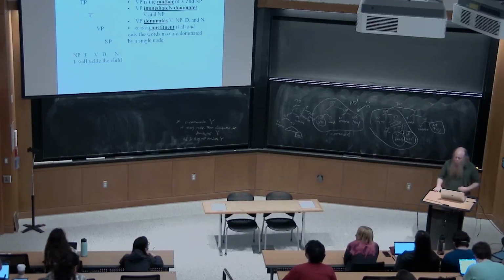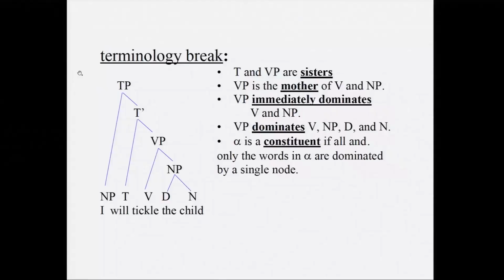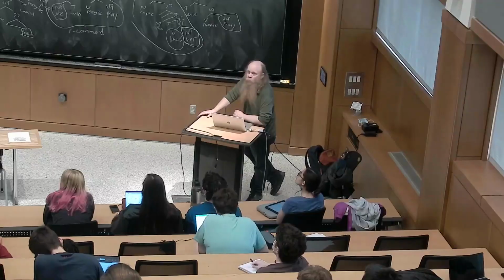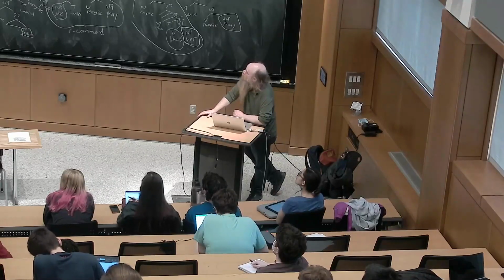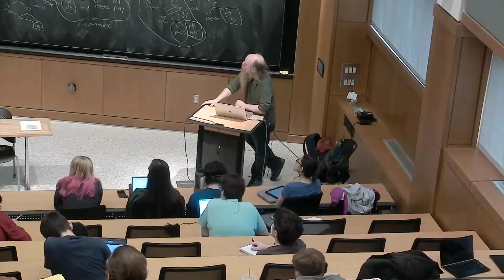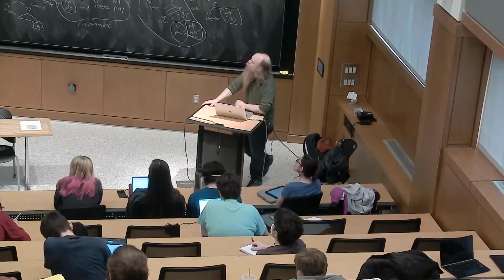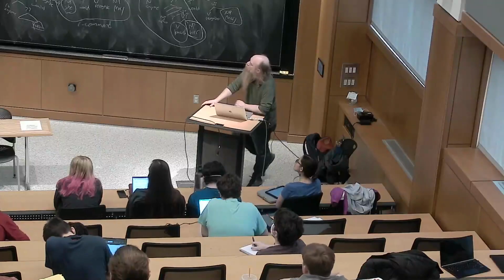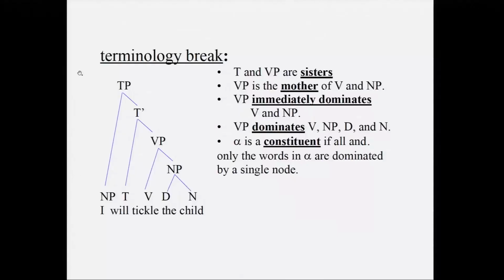And then there is another notion, dominate, which is the transitive closure of immediately dominate. So you dominate the things that you immediately dominate and the things that those things immediately dominate, and so on, all the way down the tree. And then we said there's this word constituent, which we've been using for some time, and all of you seem to have a handle on it anyway, but just to give it a formal definition, we'll say that something is a constituent if there's a single node that dominates all the words in alpha.